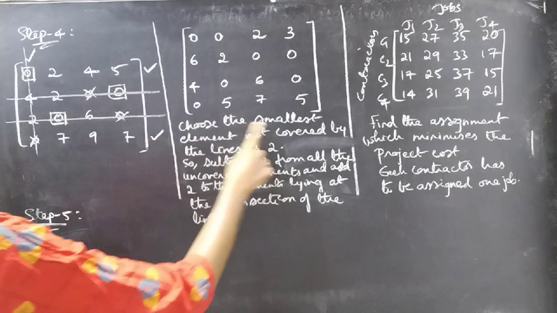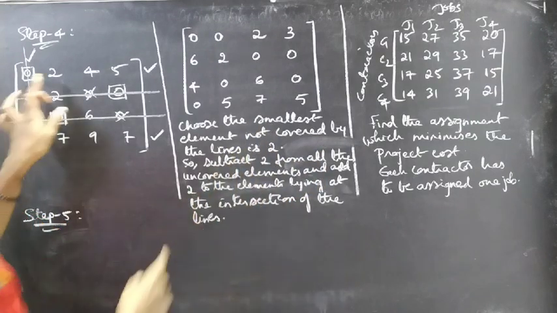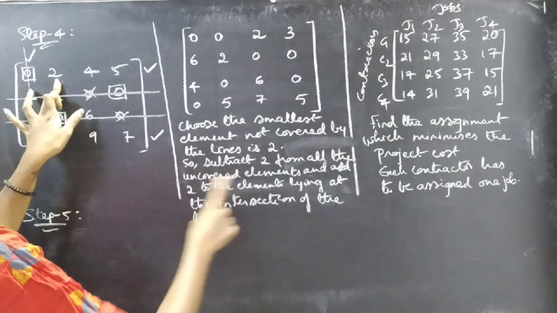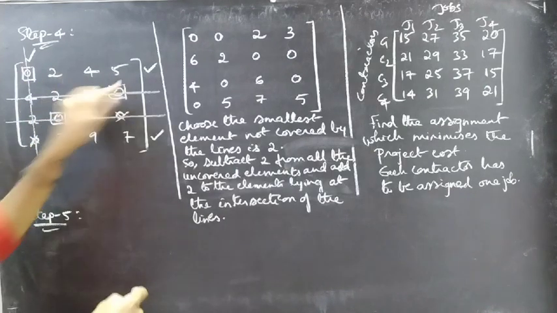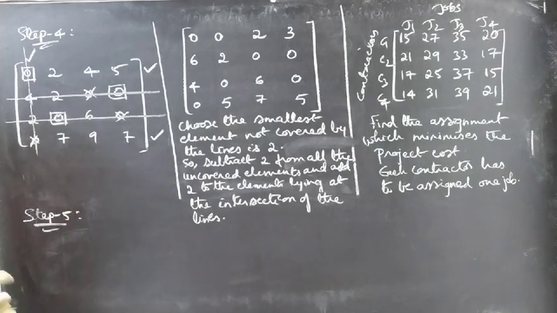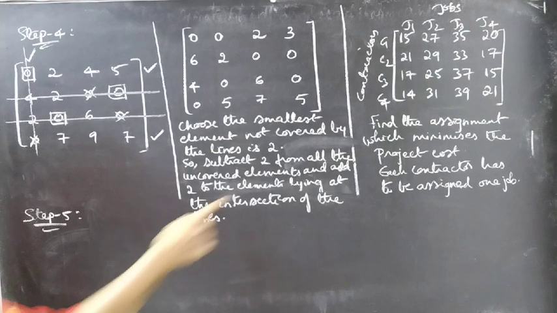See, choose the smallest element not covered by the lines, which is 2. So subtract 2 from all the uncovered elements. 2, 4, 5, 7, 9, 7 are the uncovered elements, right, which are not covered by the lines.